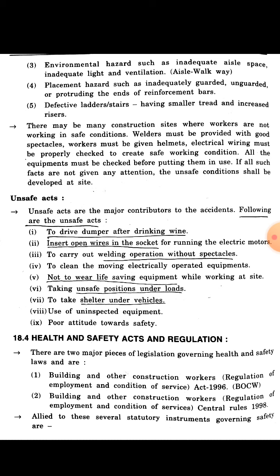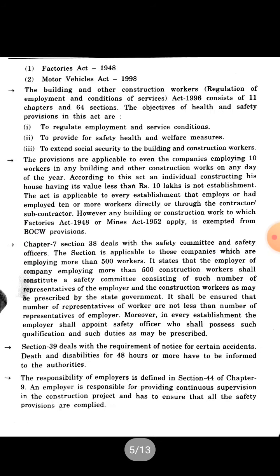There are two major pieces of legislation governing the health and safety laws. The first one is the Building and Other Construction Workers (Regulation of Employment and Conditions of Service) Act 1996, and the Building and Other Construction Workers (Regulation of Employment and Conditions of Service) Central Rules 1998.